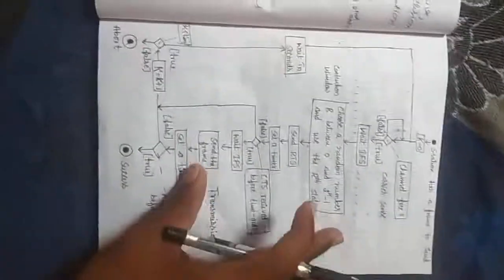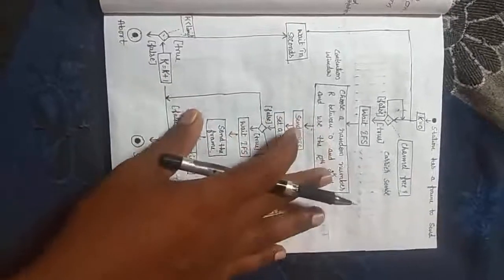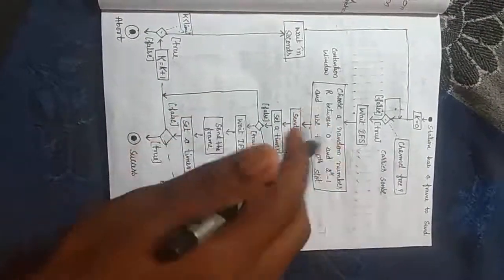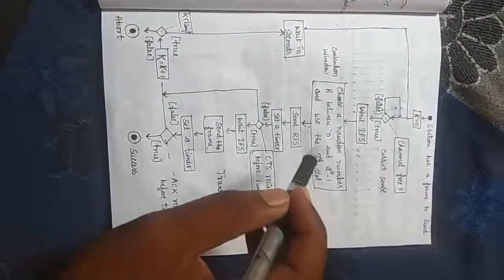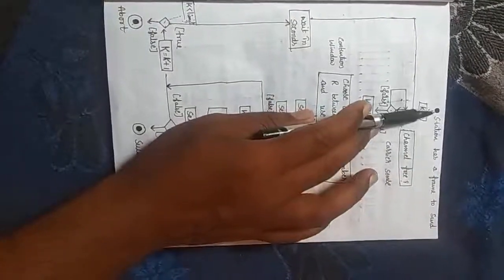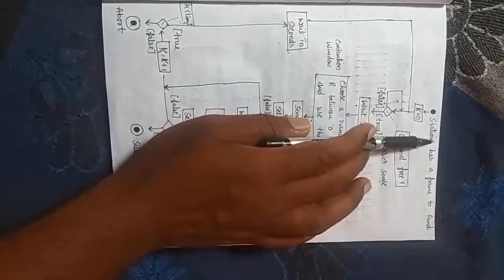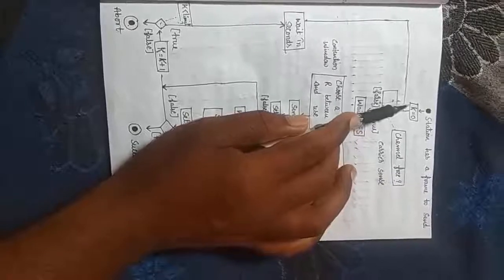Here we can see the flow chart of CSMA/CA, meaning Carrier Sense Multiple Access with Collision Avoidance. If the station has a frame to send, it is its first attempt.